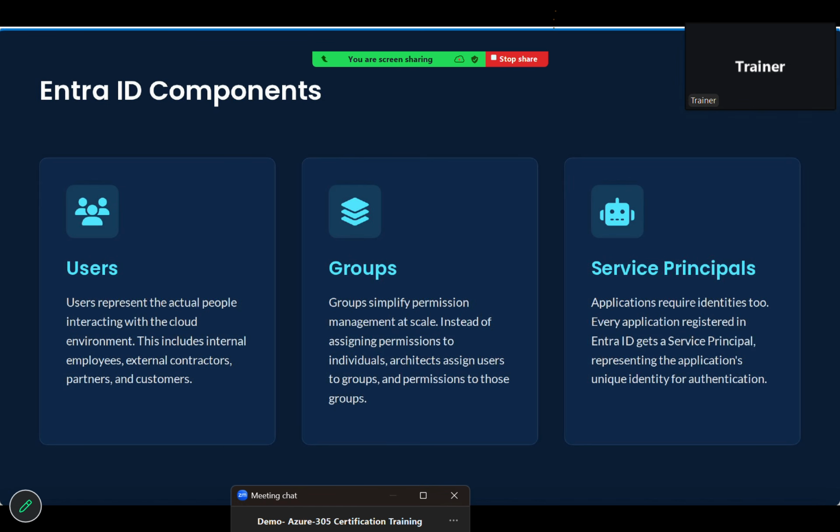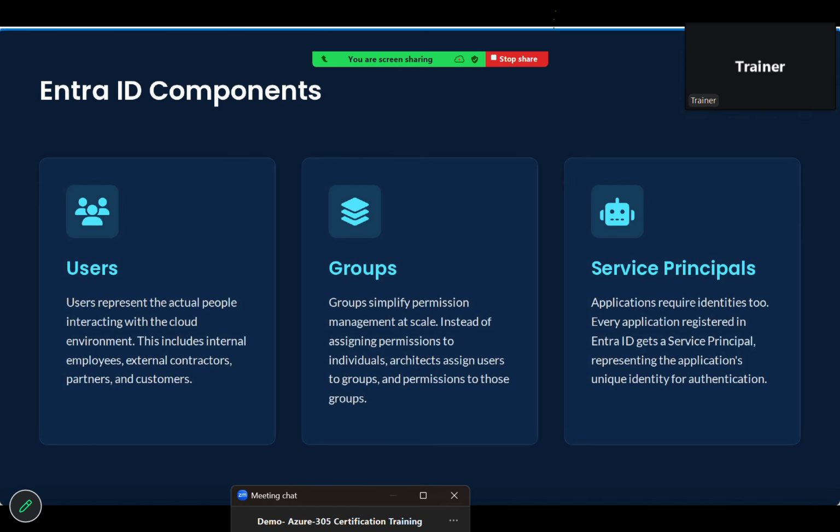So we create a group, put those users into the group, and apply the access to that particular group. The users in that group then get the changes.